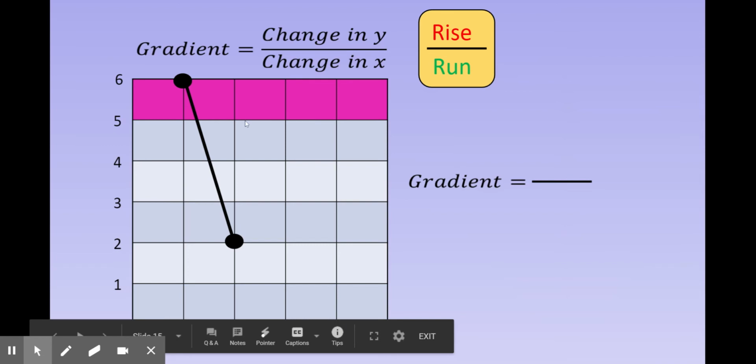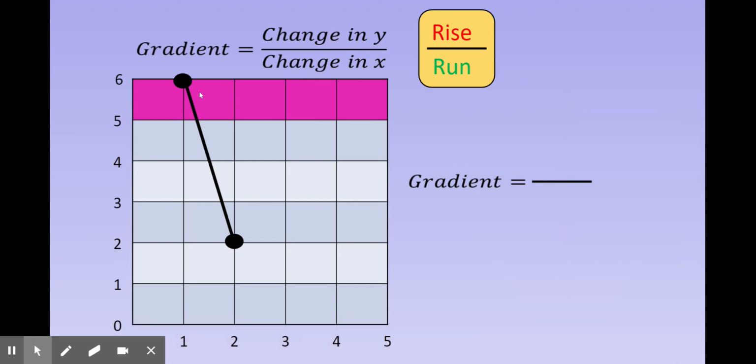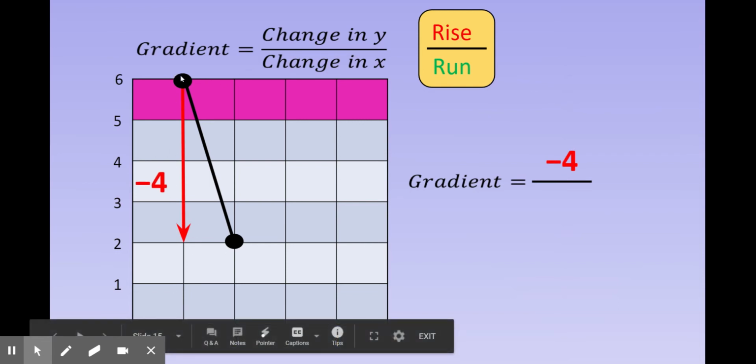Now let's look at another example. Notice that the line, from left to right, is going down. We use the same formula, rise over run, and rather than increasing, we are decreasing.